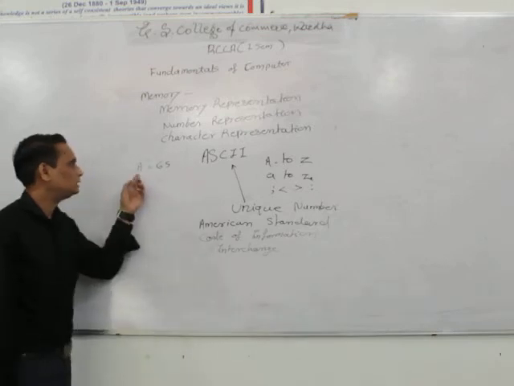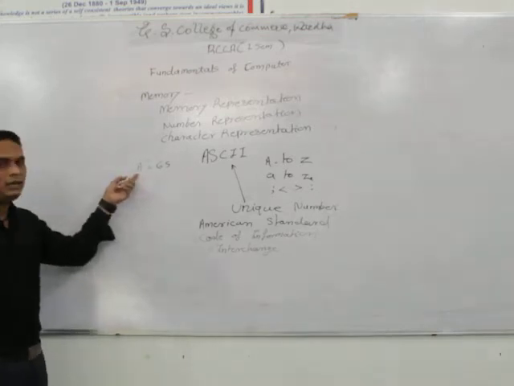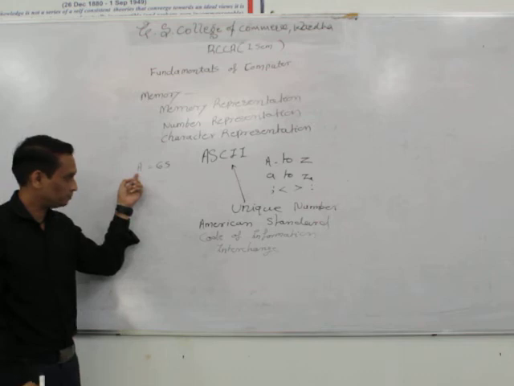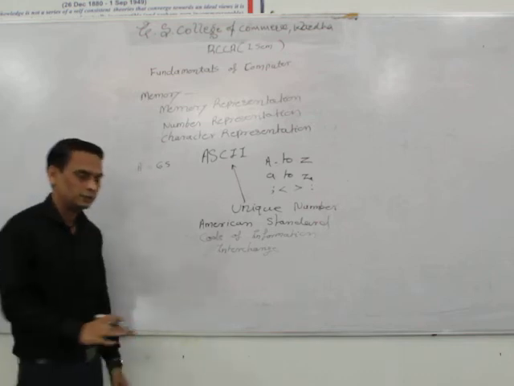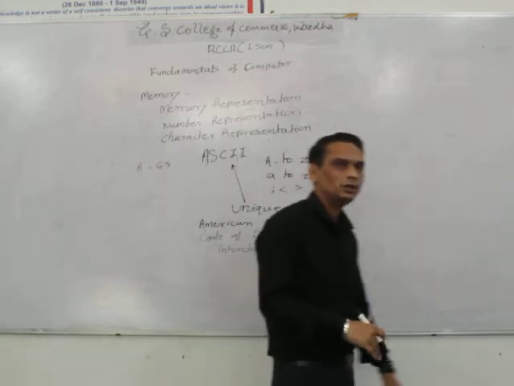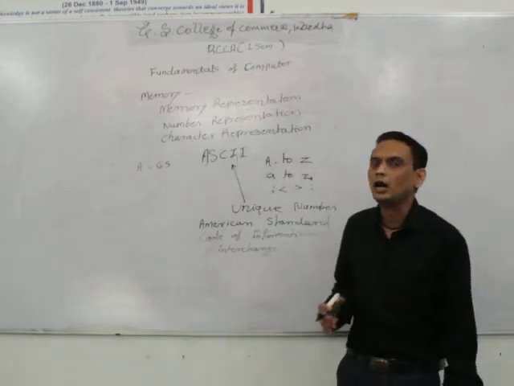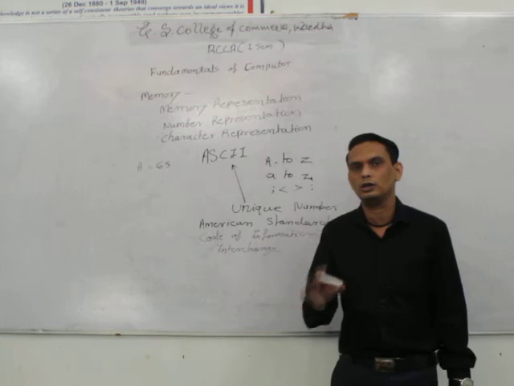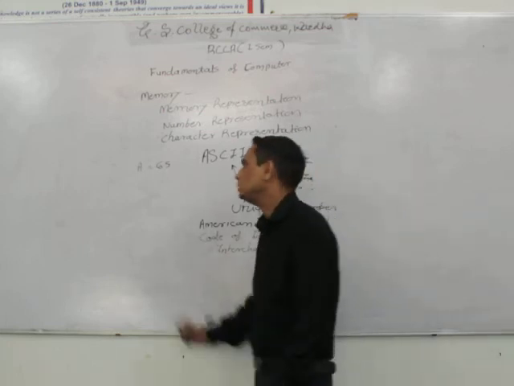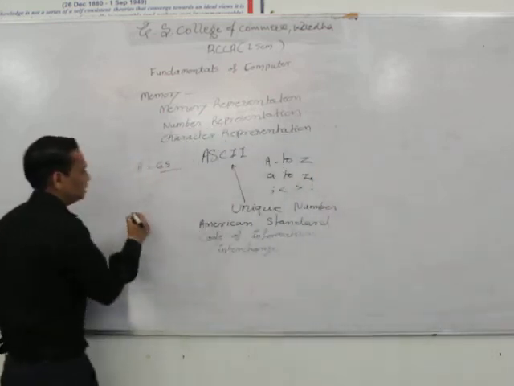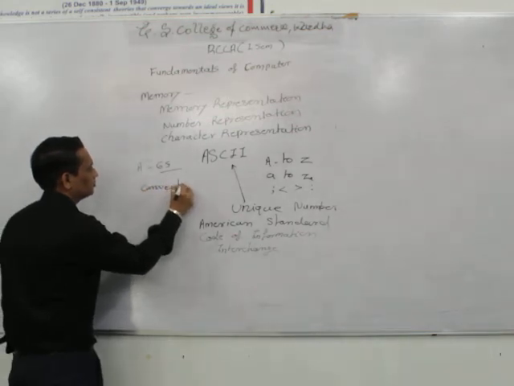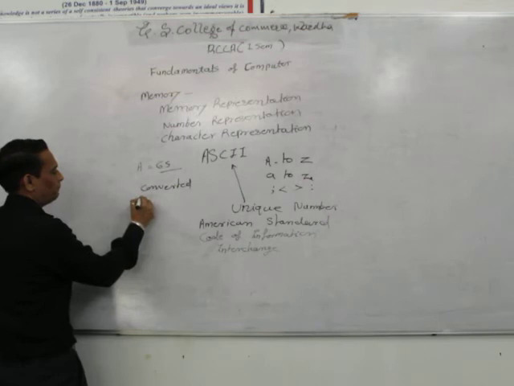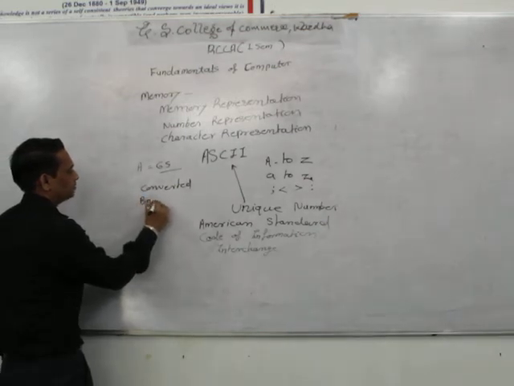So when we press the A key, it will represent 65, but 65 is a decimal number, and that decimal number also doesn't get stored in our memory. So this 65 is again converted into a binary number.